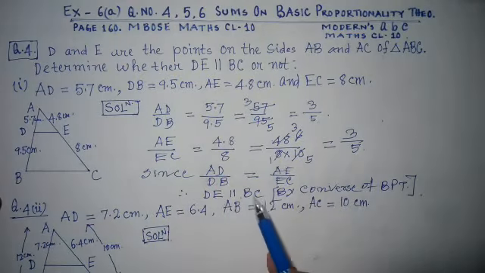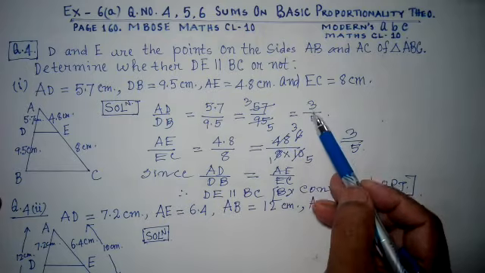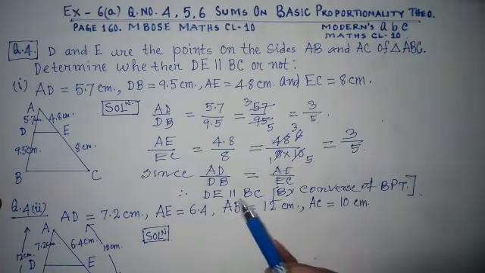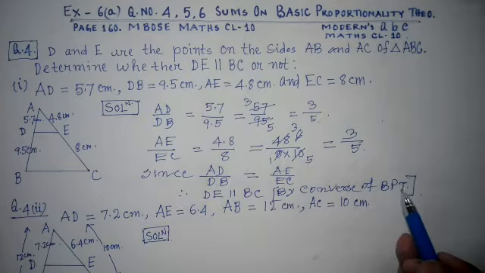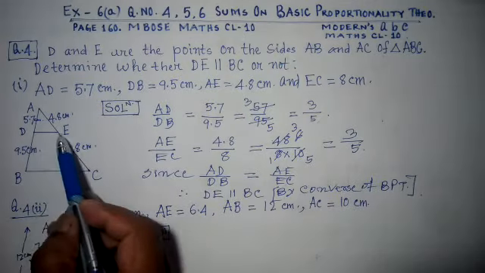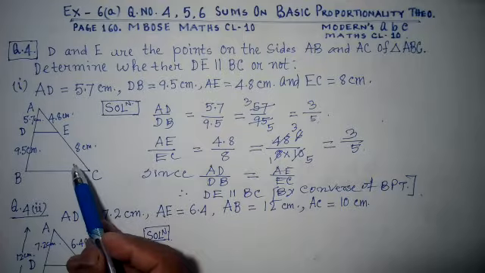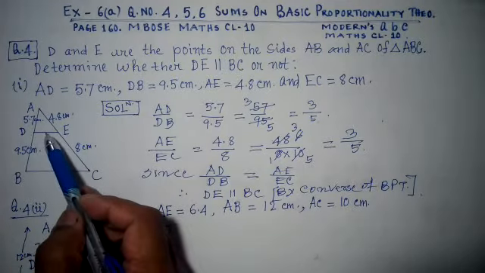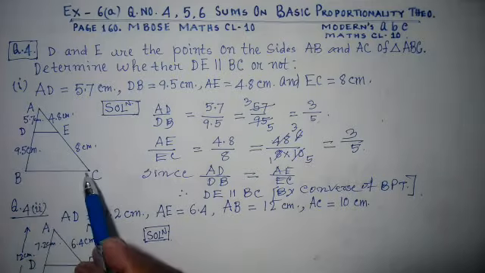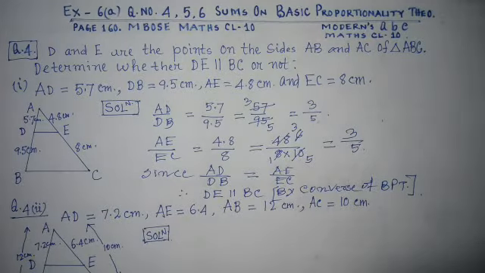So DE parallel to BC. If we see these values are different, then DE is not parallel to BC, because converse of basic proportional theorem is that if a line divides other two sides of a triangle in the same ratio, then the line is parallel to the third side. So according to that, this is parallel.